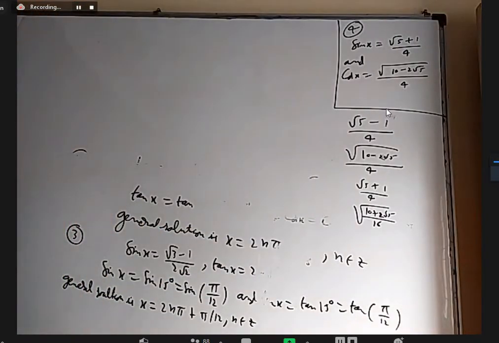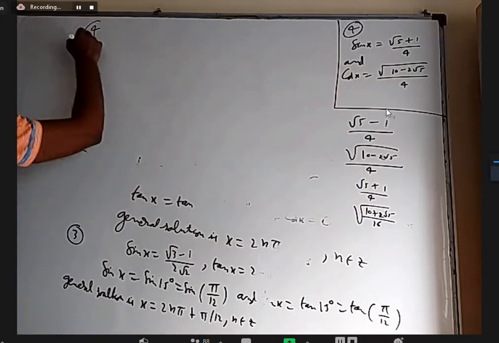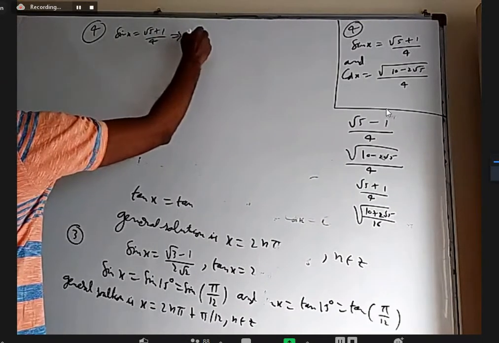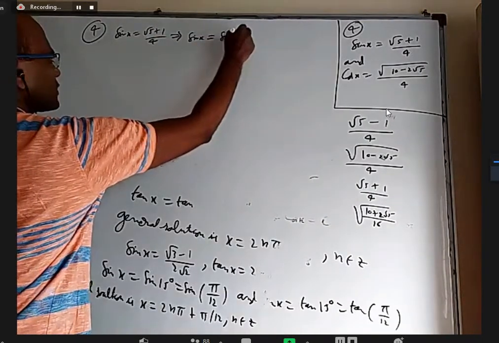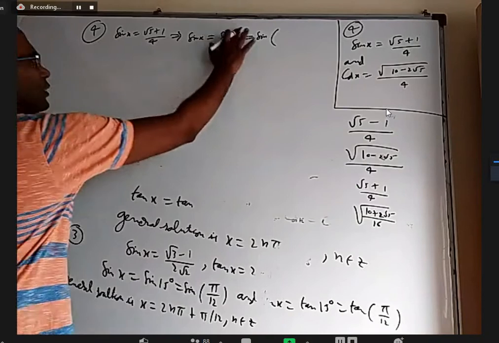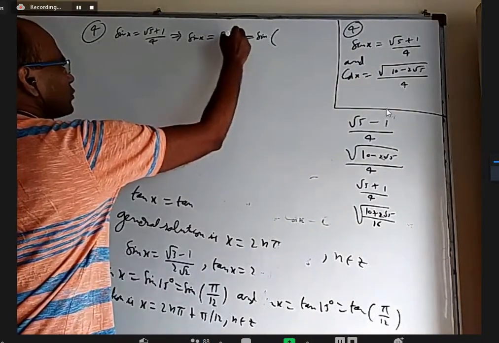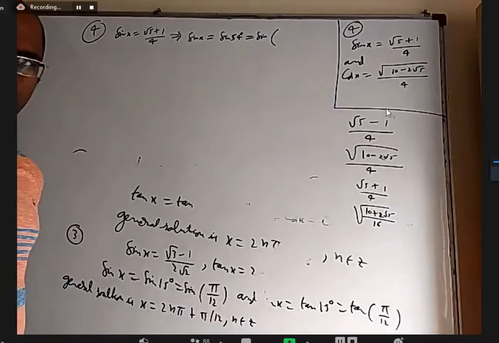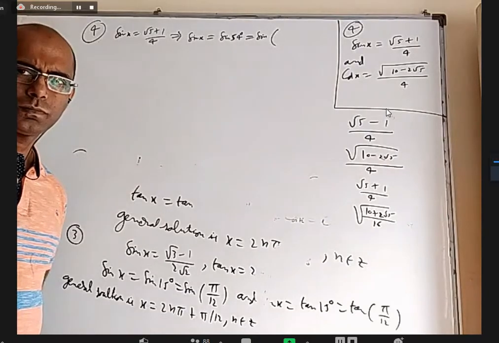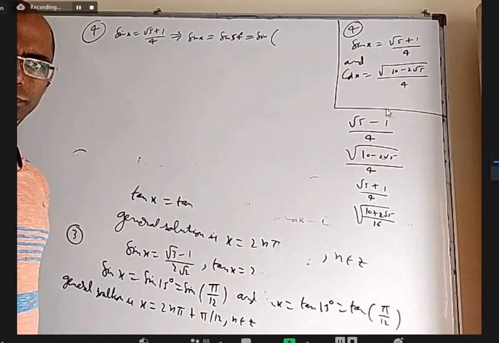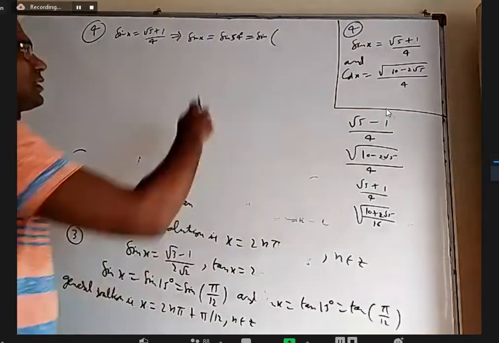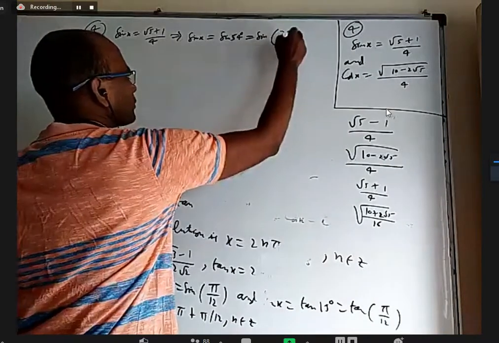So for this fourth question, sin x equal to root 5 plus 1 by 4 implies sin x is equal to sin 54 degrees. What is 54 degrees in radians? 18 degrees is pi by 10, and this is 3 times that, so 3 pi by 10.